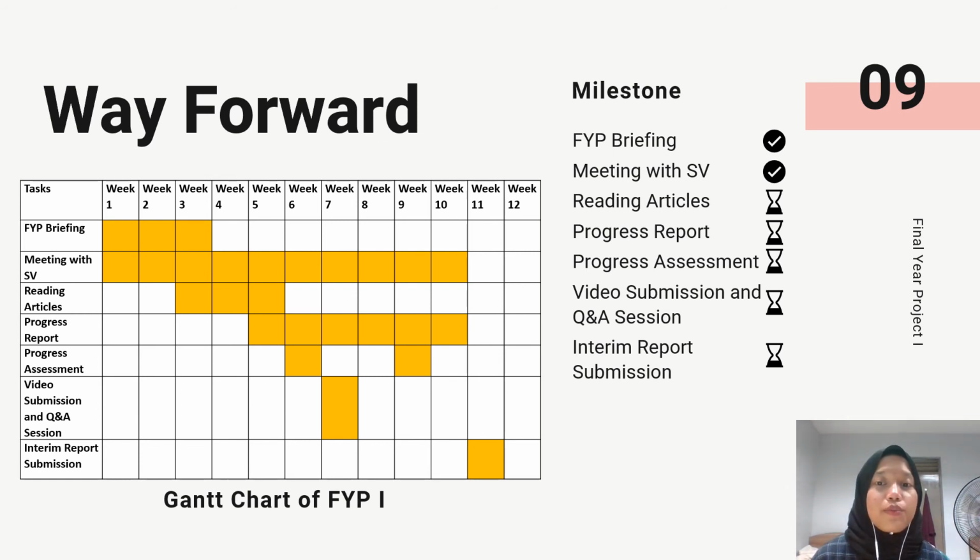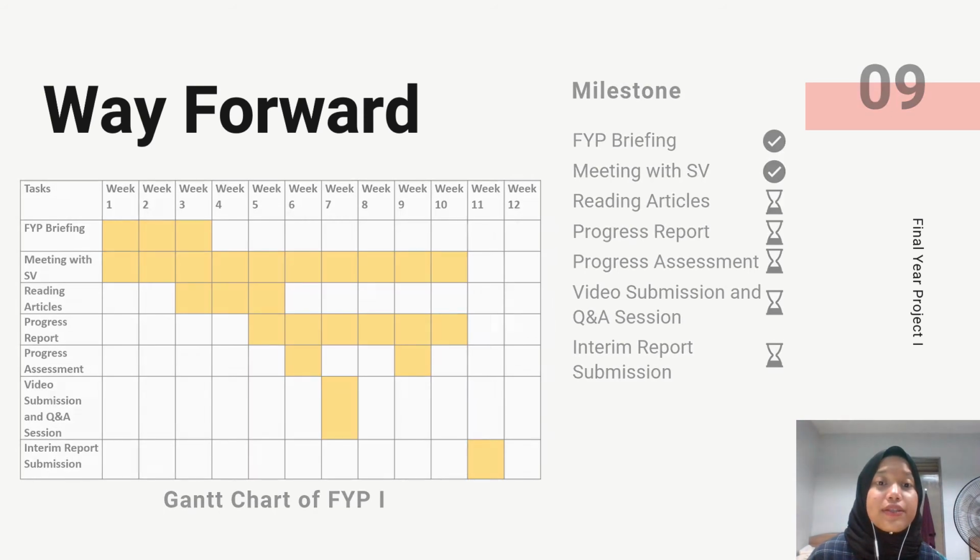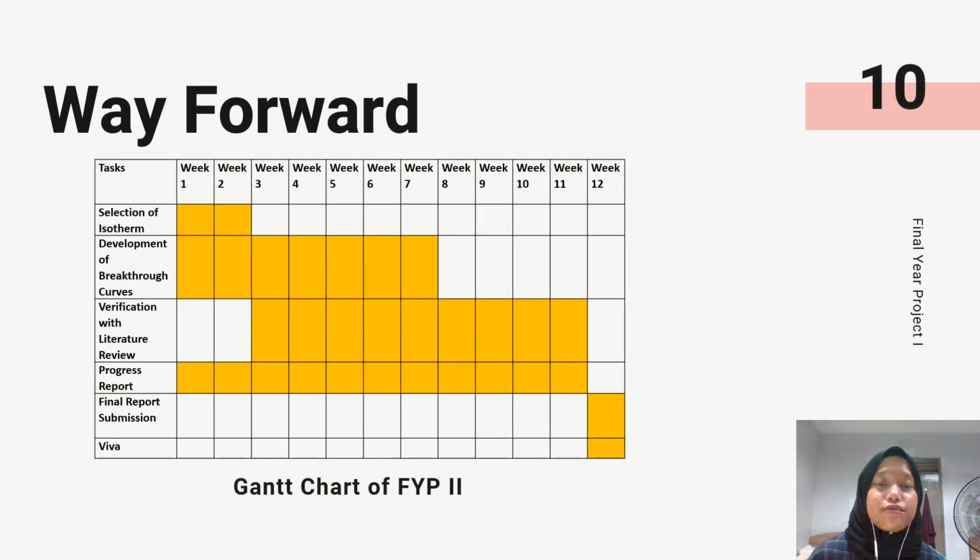All the progress assessments will be done in week 6 and also week 9, and the interim report shall be done by week 11. And this is also for the next semester, FYP2, as we have listed our proposed methodology before. So this is the rough idea of our FYP2 activities.